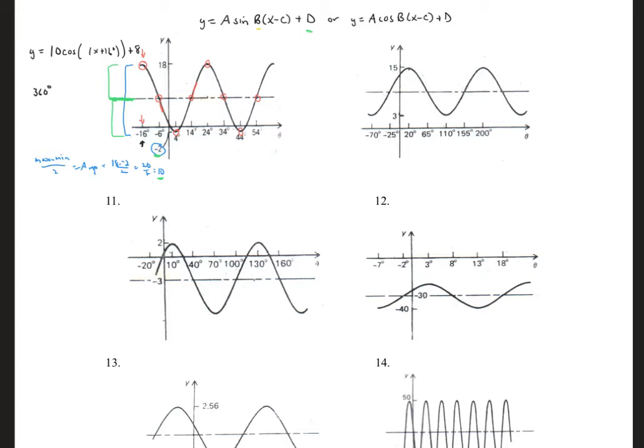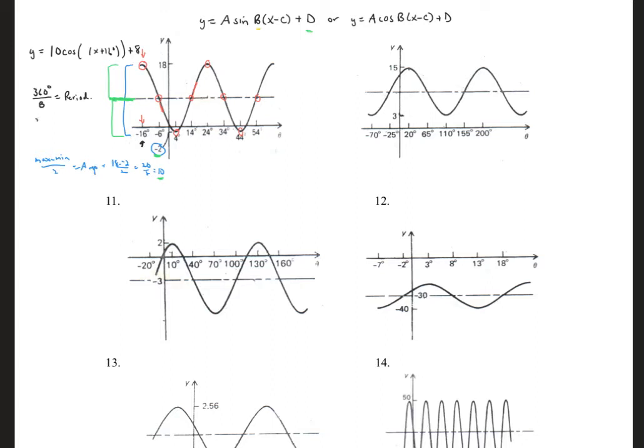We're going to take that 360 divided by the b, and that's going to be the actual period of our graph. Remember, that's how we did it when we were graphing. So we're going to look at our graph here and try to figure out what that period is, and then solve for the b.